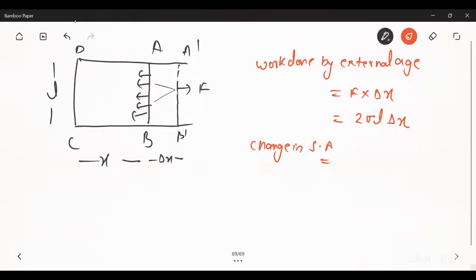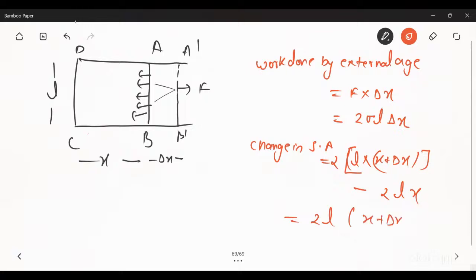The final surface area is A dash B dash C D, with length L and breadth x plus delta x, so L into x plus delta x, minus the initial surface area ABCD, which is 2L into x. Take 2L common, and you get x plus delta x minus x. So the change in surface area is 2L delta x.